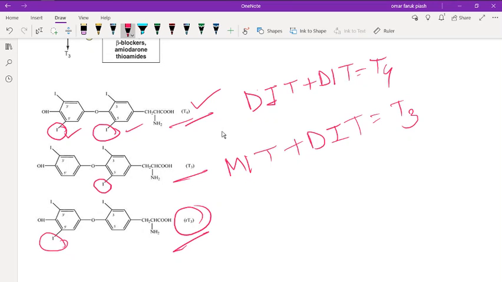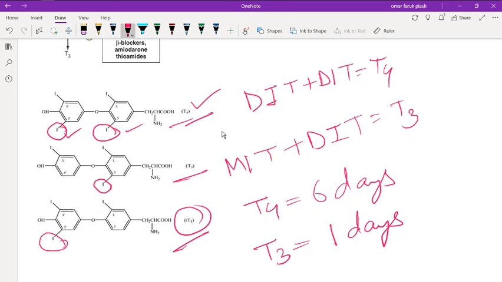And there is another thing you have to remember. Suppose you give a person a thyroid drug, like T4. The half-life of T4 is 6 days. On the other hand, the half-life of T3 is only 1 day.